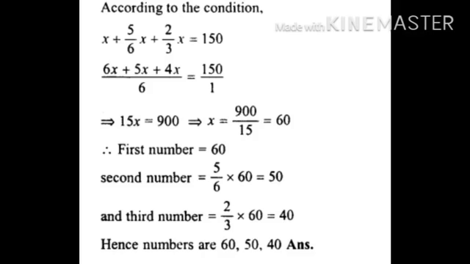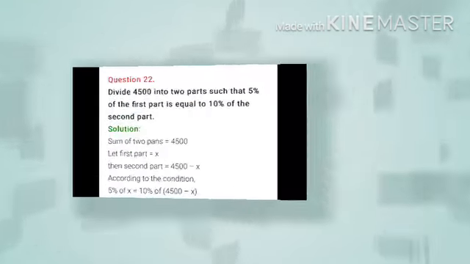By cross multiplying we get x is equal to 900 upon 15, which is equal to 60. The first number is equal to 60 and the second number is equal to 5/6 into 60, which is equal to 50, and the third number is equal to 2/3x, so 2/3 multiplied by 60, which is equal to 40.